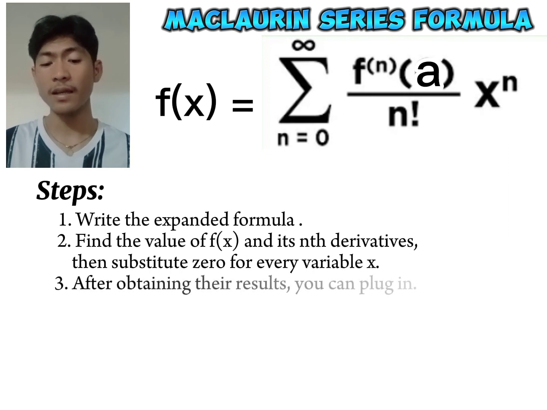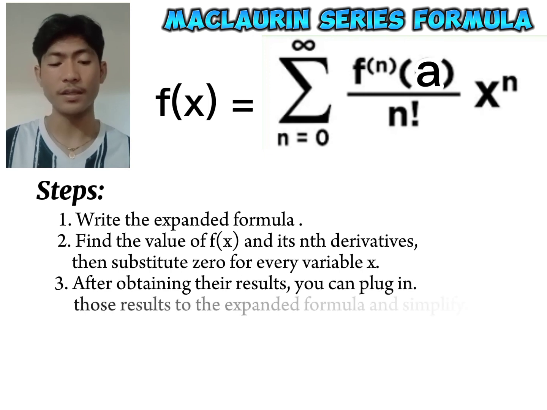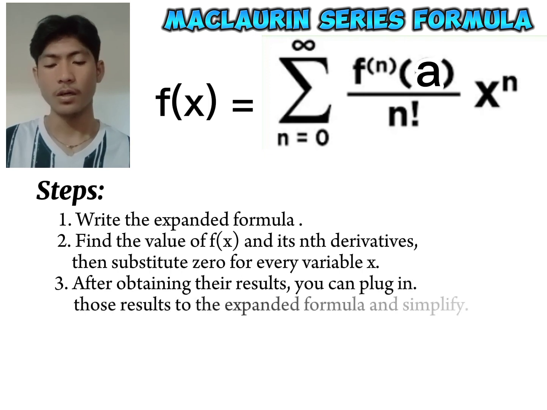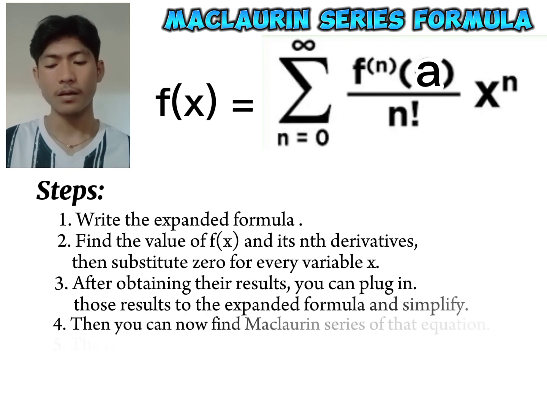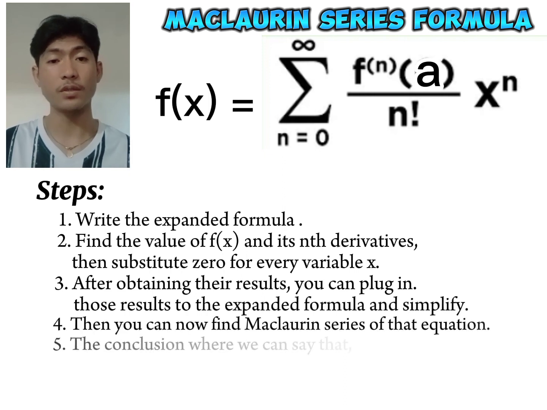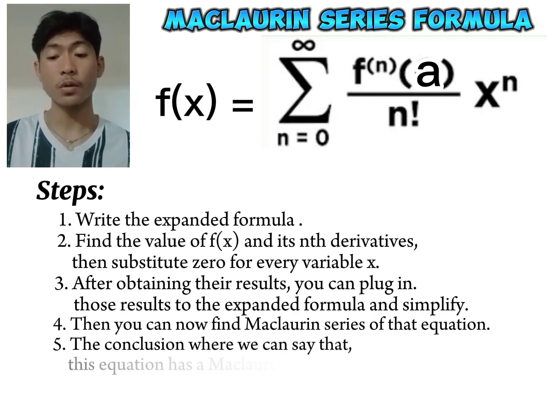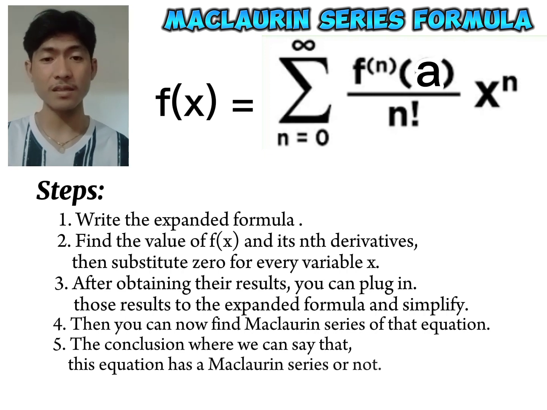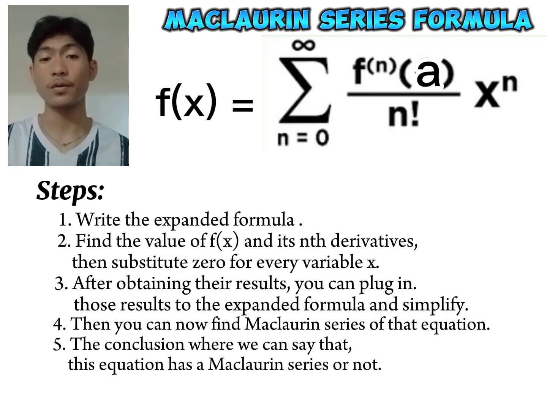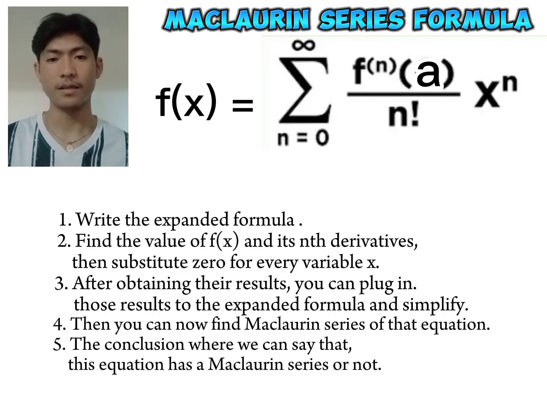Third, after obtaining the results, plug them into the expanded formula of the Maclaurin series. Fourth, we can now find the Maclaurin series of that function. Last is our conclusion, where we can say whether this function has a Maclaurin series or not.